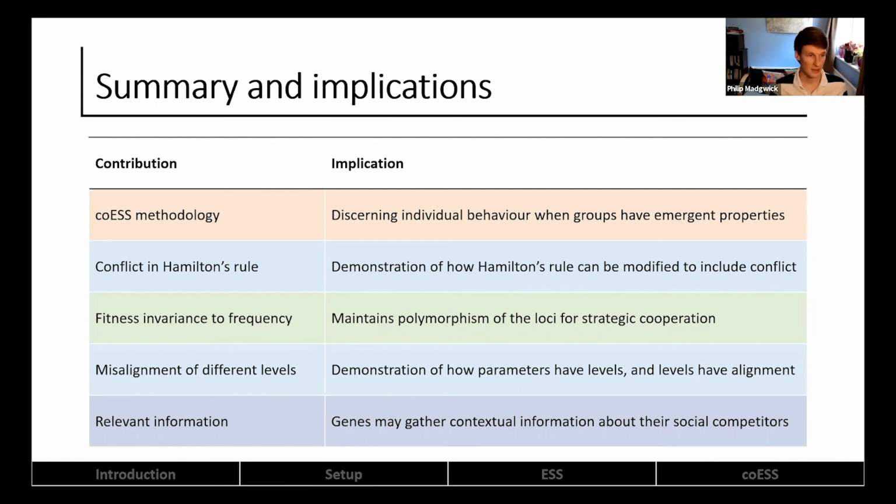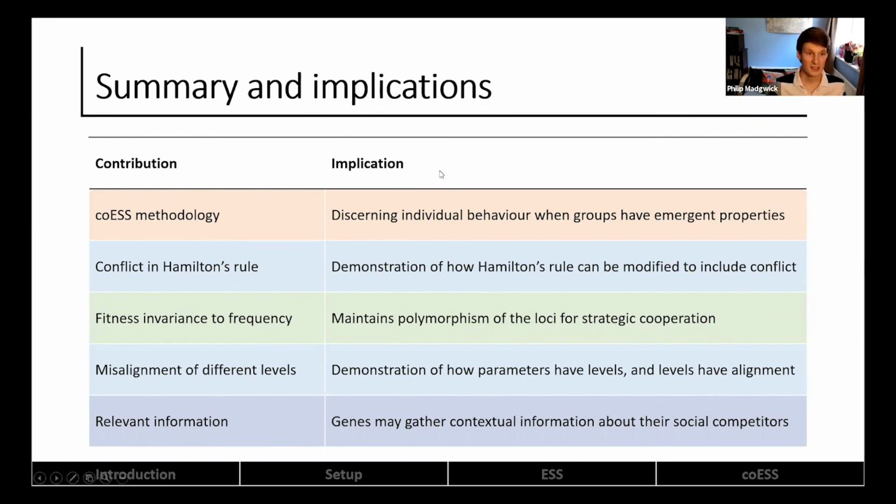And what this shows is that there is this fitness invariance property which could potentially maintain polymorphism as a solution to Cauchy's paradox. There is misalignment between the levels, and this shows that actually some parameters appear to be more relevant to particular levels than others. And also that the relevant information to an individual must incorporate both levels, and it must incorporate something about what an individual's own frequency is, and also something about the group level properties.